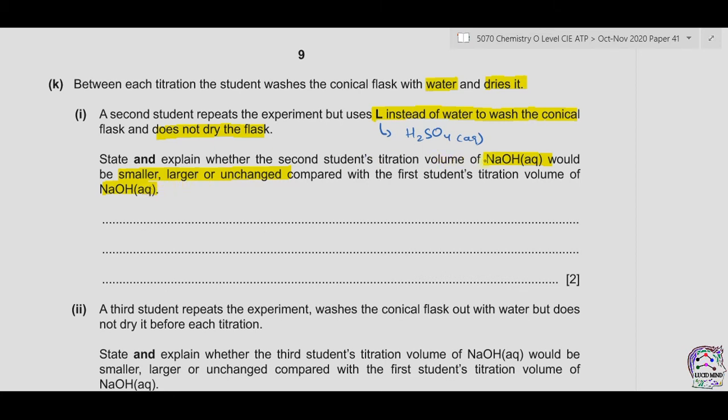So we can say that the volume of sodium hydroxide would be larger. This is because more acid is present in the flask.